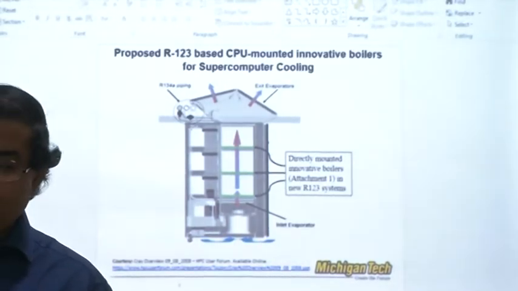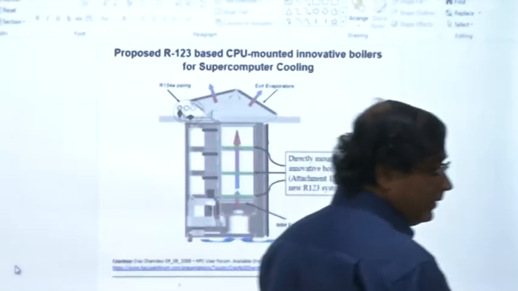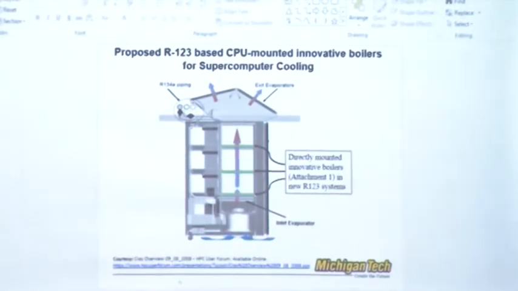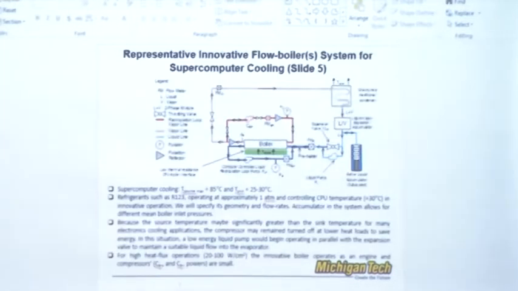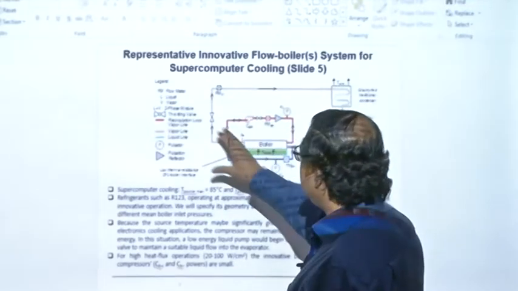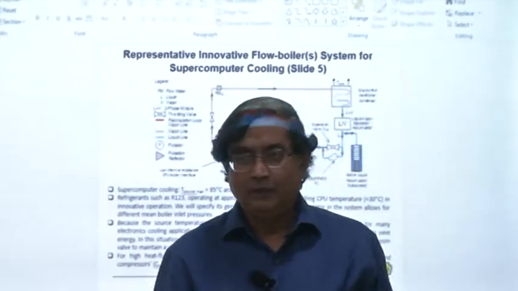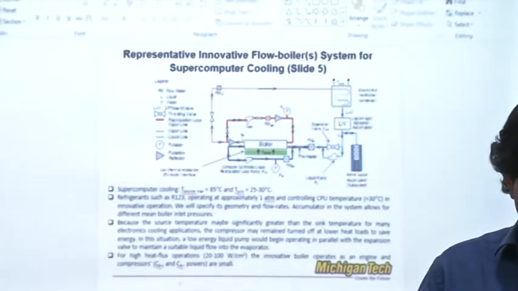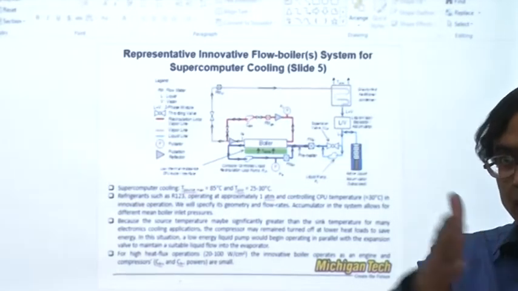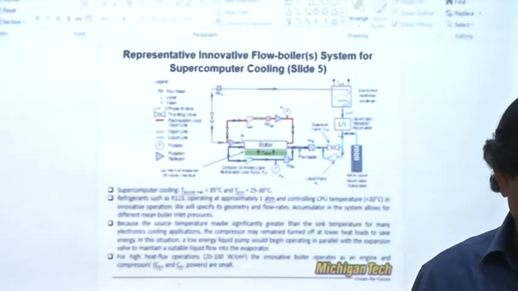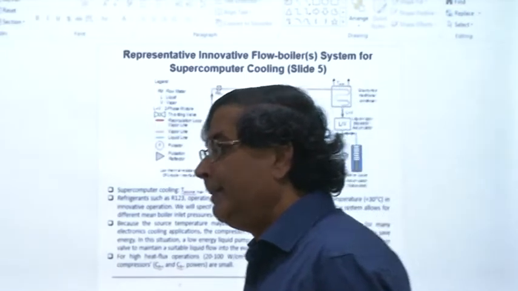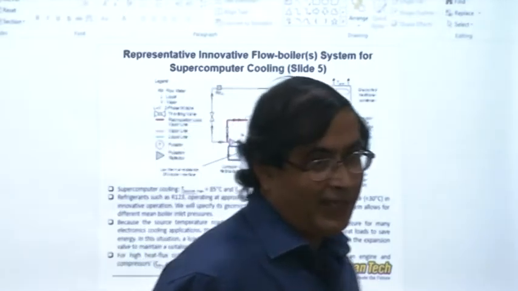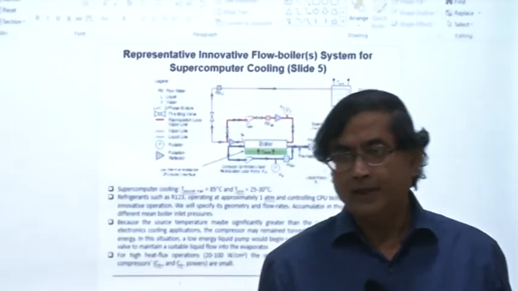But what I'm trying to show here is that if you remember that connection, then whatever calculations you're doing can relate to building such a flow boiler and flow condenser approach. This I'm just showing for one tube, but there will be a lot of these test sections or staggered things that can be connected and done together, for which in my team I have system designers who are willing to help out, particularly from Purdue and other places.